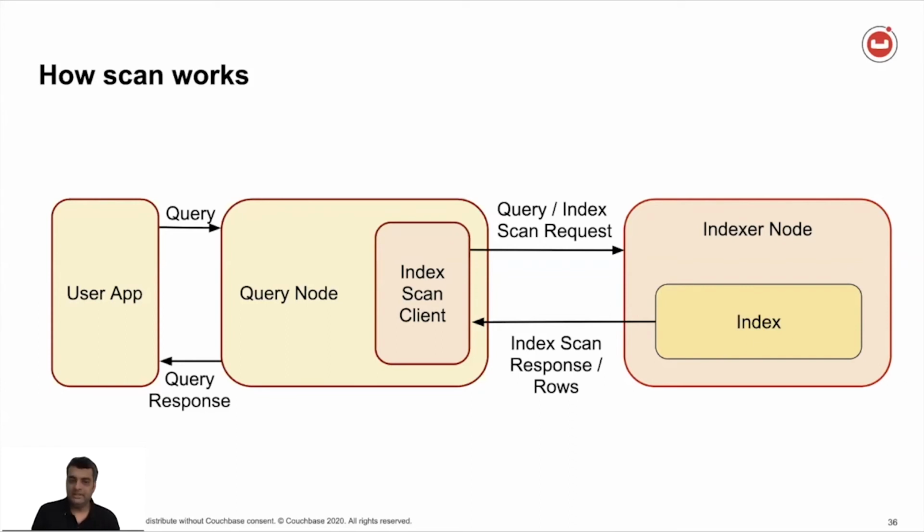If there are multiple indexer nodes, it will talk to all or a subset of indexer nodes depending on the requirement. Corresponding indexer nodes will return the scan results to the index scan client, and then the query node returns that response to the user application. In the further slides, we will dig deeper into all those components that we are seeing here.